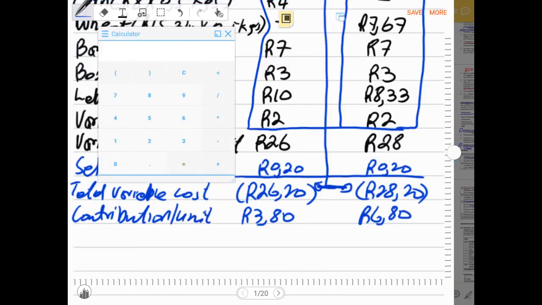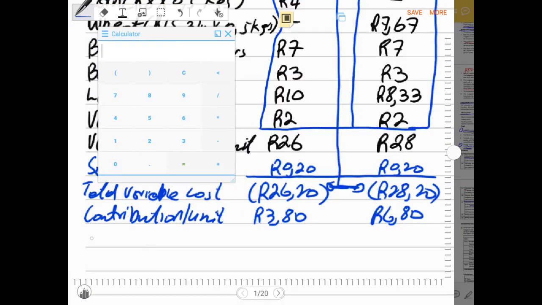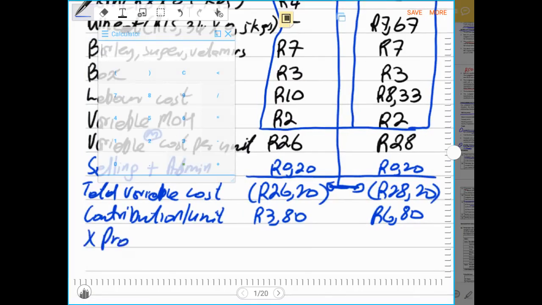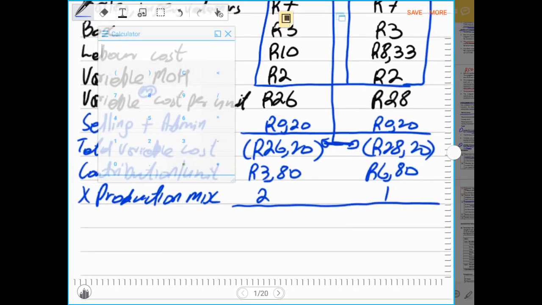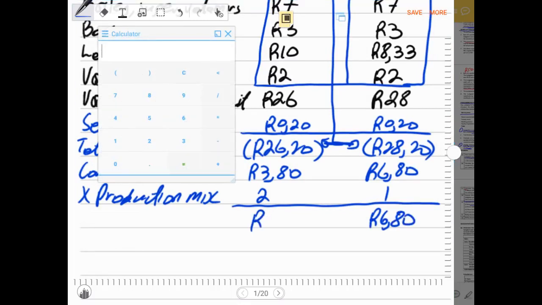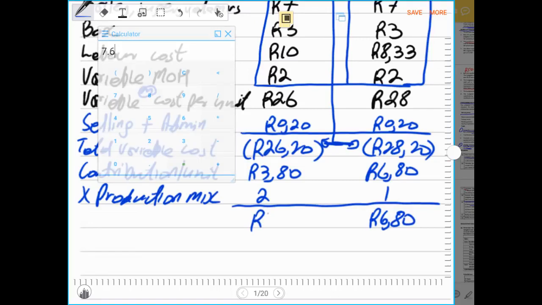So the minute I get contribution per unit, I have to multiply this by the production mix. My production mix was 2:1. And after I have multiplied that by 2:1, I will get 6 Rand 80 cents here, and I will get 3.8 times this by 2, which will be 7 Rand 60 cents.